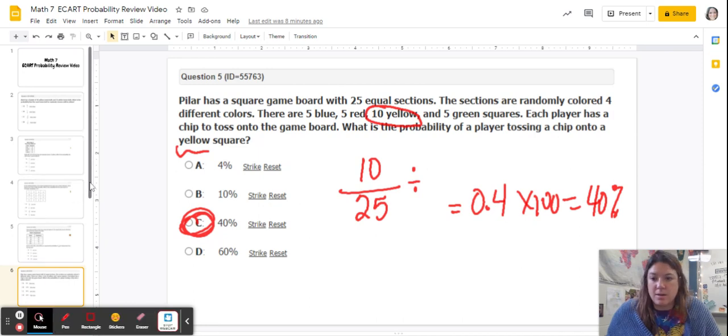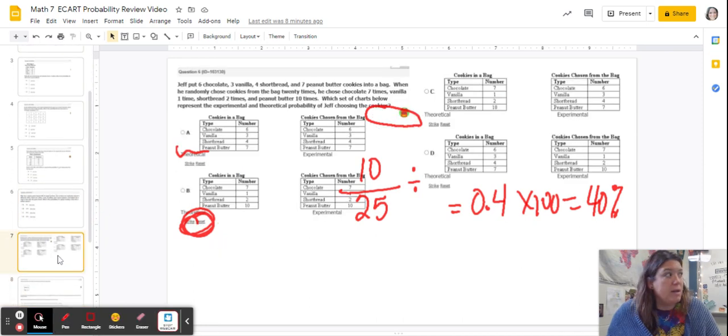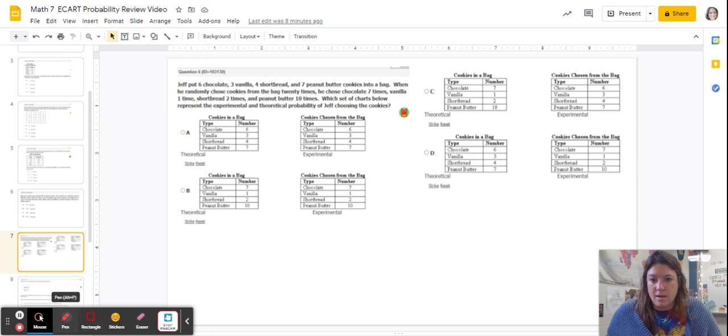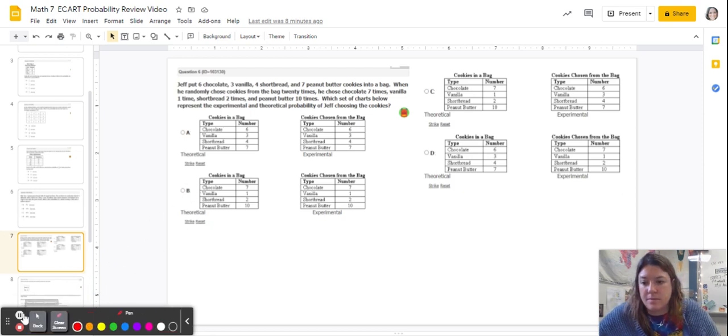All right. Question number 6. Jeff put 6 chocolate, 3 vanilla, 4 shortbread, and 7 peanut butter cookies into a bag, and he randomly chose cookies from the bag 20 times, and he chose all of those.